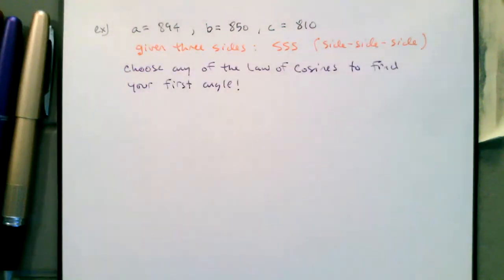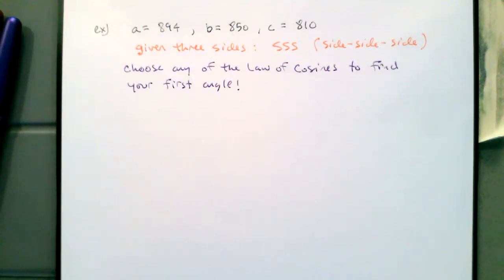We can go after alpha or beta or gamma first, our choice. So good news, we can choose. Bad news, we have to choose. I'm going to choose to find gamma first because that's the only one that I haven't written down. And this will give us practice writing that down.